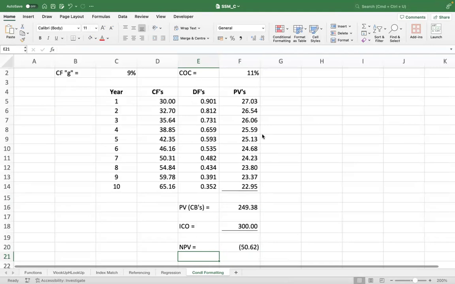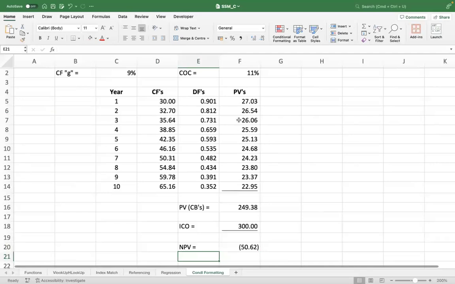Because I am expecting that the sum of all the benefits that I am generating from the project in today's terms is about 249.38, but I am having to invest 300 crores in the project. So I'm investing more than what I am expecting to receive. So obviously it becomes a value eroding project. So NPV is negative. NPV stands for net present value.